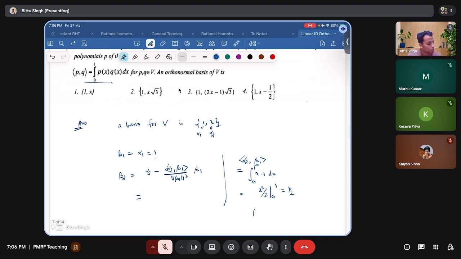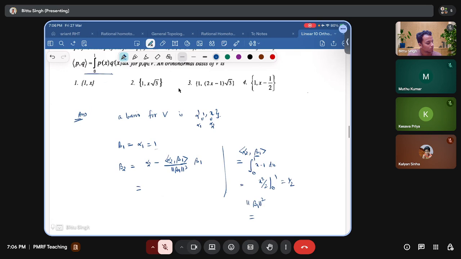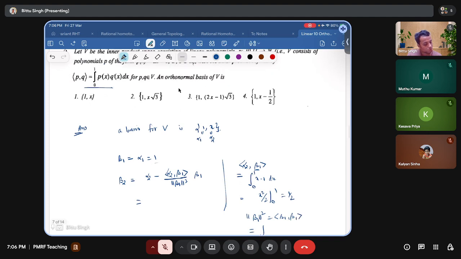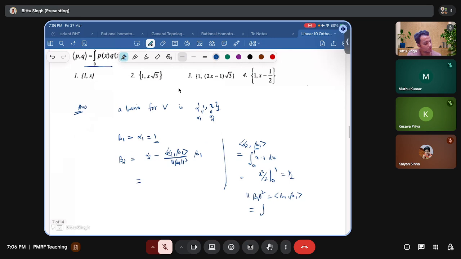Now what about norm beta 1 squared? This is same as beta 1 inner product beta 1, and beta 1 is same as 1. Therefore, by definition, integration from 0 to 1, 1 times 1 dx. Integration is x, so it is 1.